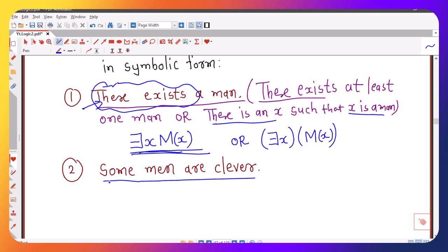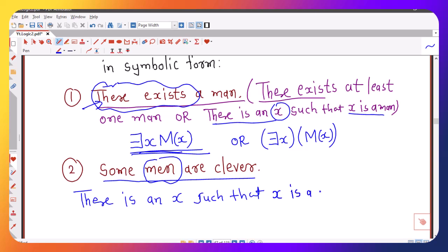So this we can understand in this way also, that there are some men who are clever. Or if we write in the form of an object, then we can write that there is an x such that, here we have two characteristics, x is a man and x is clever.